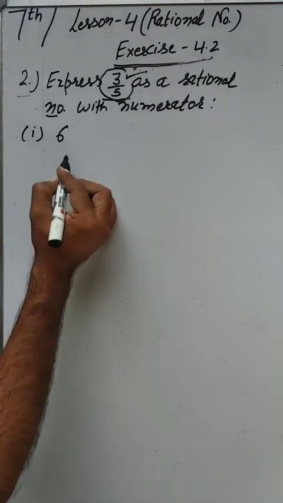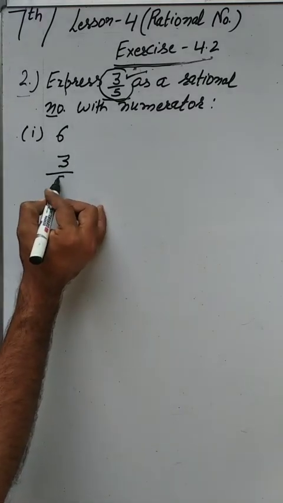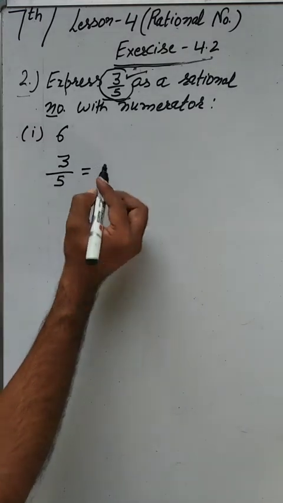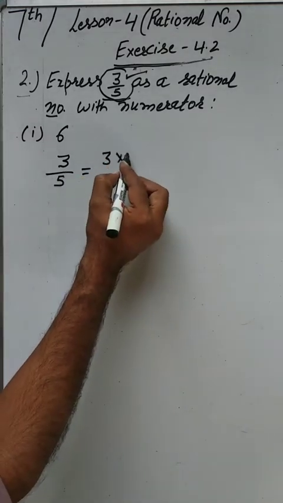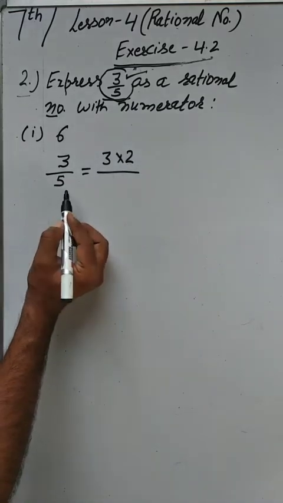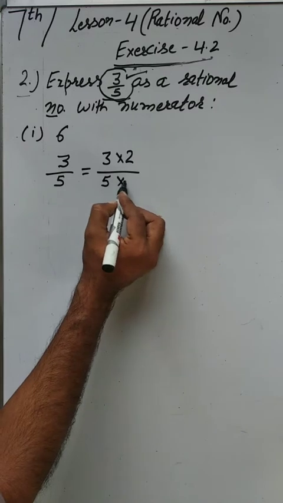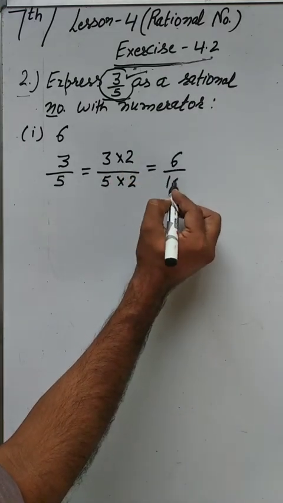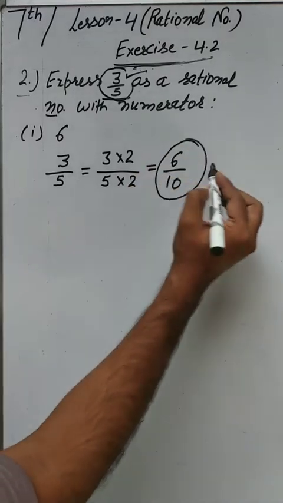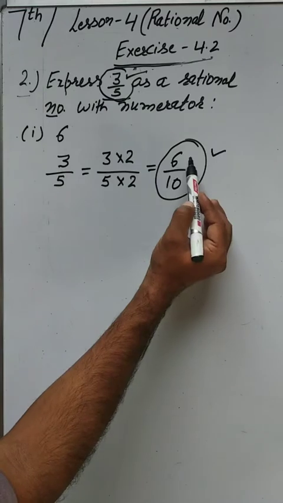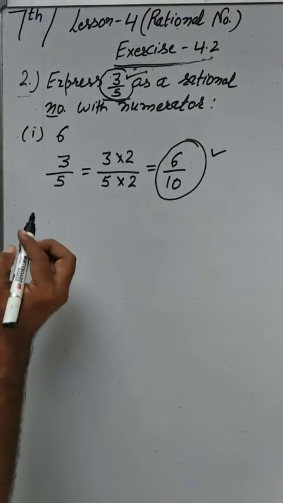You know very well how I can change 3 into 6, beta? 3 multiply by 2. With the same number you have to multiply the denominator. 5 multiply 2. So 3 2s are 6, 5 2s are 10. Okay, that is your answer. Now the numerator of 3 upon 5 is 6. Clear?